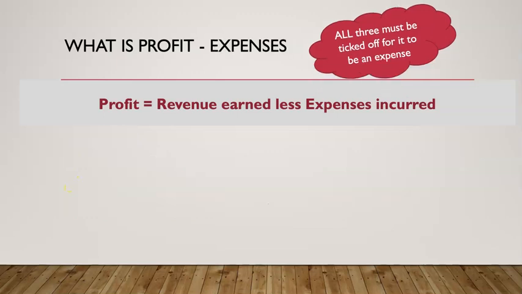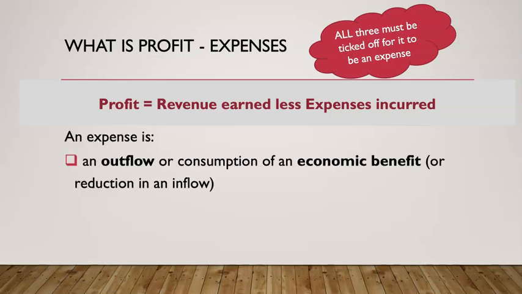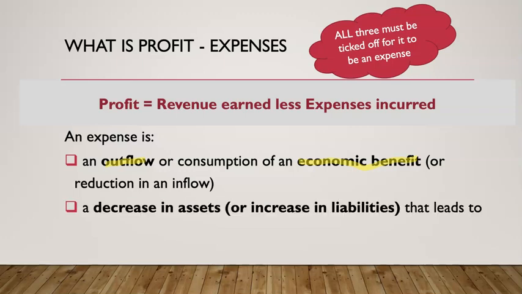Expenses also have 3 things that must be ticked off. Expenses result in an outflow or consumption of economic benefit because this is, if we think about it, not necessarily a bad thing, but it is definitely reducing profit, so it's an outflow. This outflow must result in a decrease in assets.